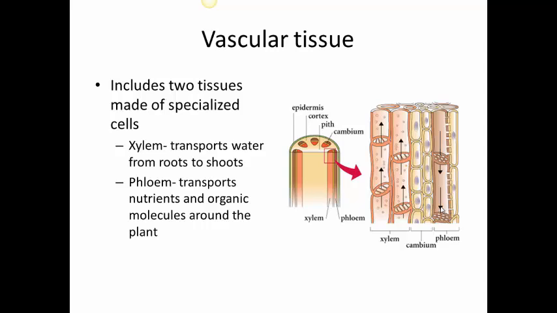So they're making carbohydrates through photosynthesis, and then through the phloem, they can move down to the roots, but maybe they can move over to a flower or up to a flower that's growing. So they move from source to sink rather than always being moved down through the phloem.